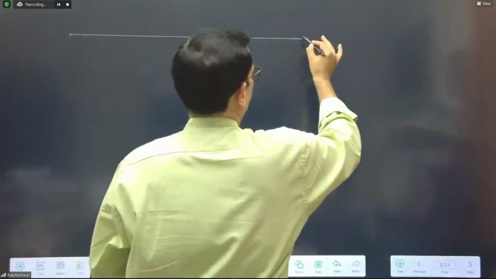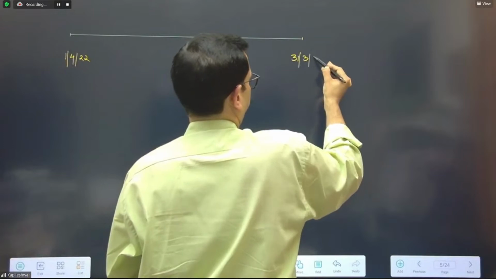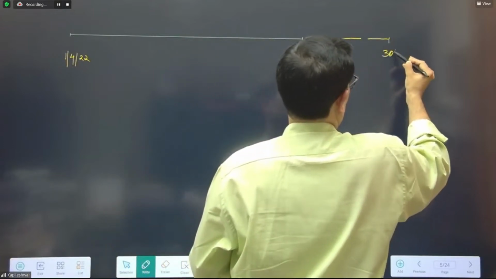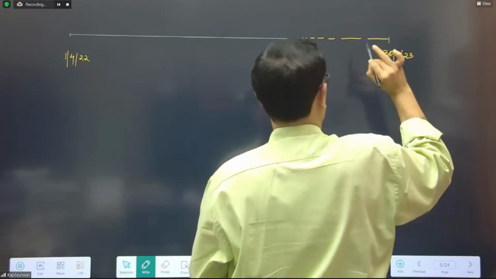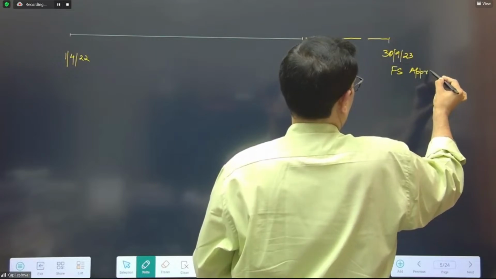Okay, let's take another example. This time you get your turn. Let's consider the financial year starts in April 22 and ends on March 23. And let's consider the date of approval of the financial statements is 30th September. This is the date when the financial statements get approved.